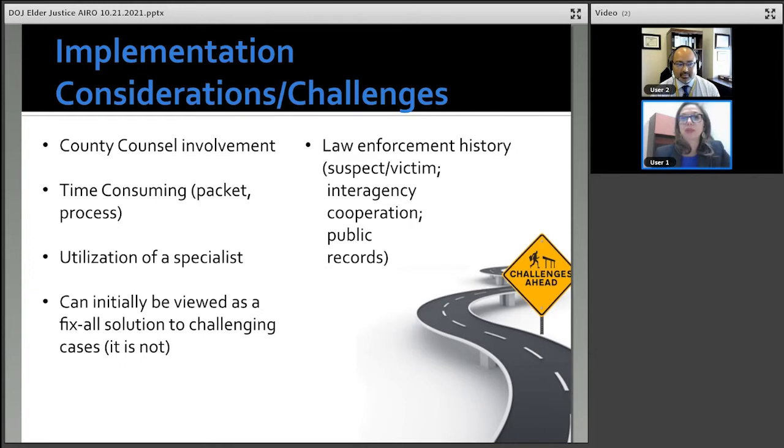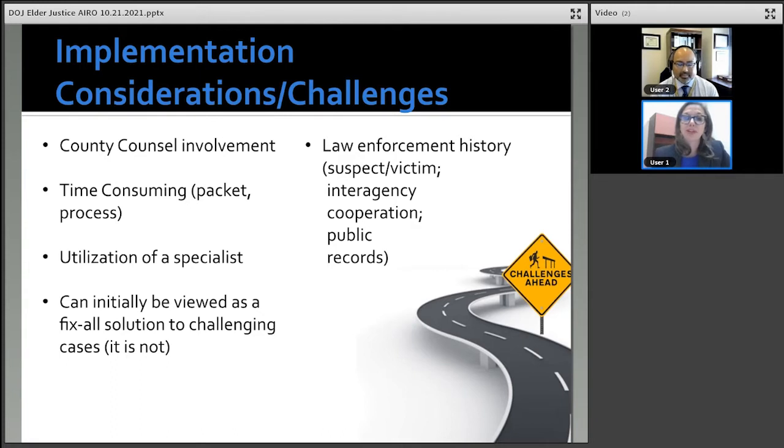Sometimes, for example, in speaking with other counties at different webinars, they were looking at this maybe as a solution for, public guardian can sometimes, establishing conservatorship can take a long time. Can we do the AIRO instead? Because the conservatorship takes a while to establish.